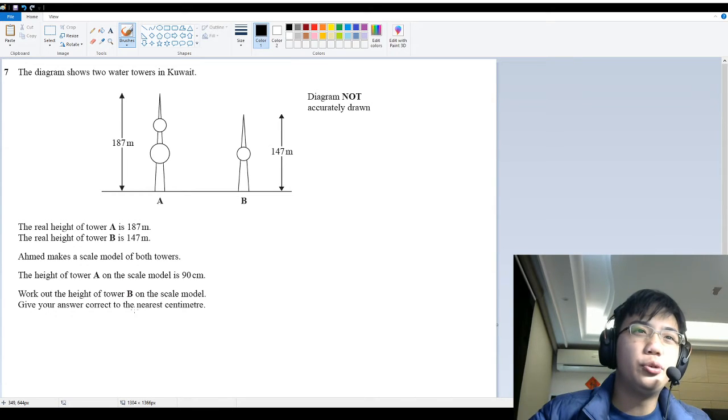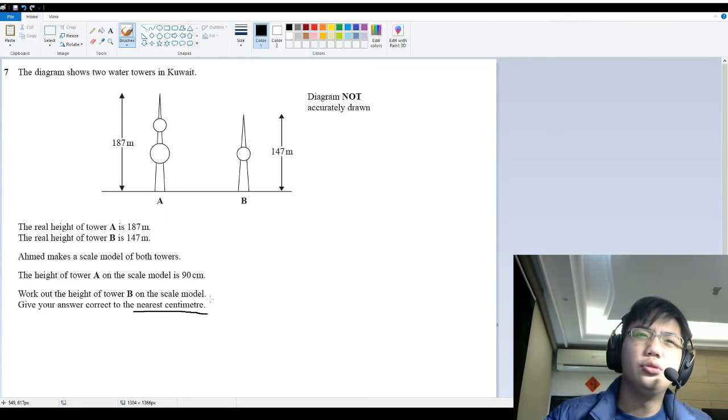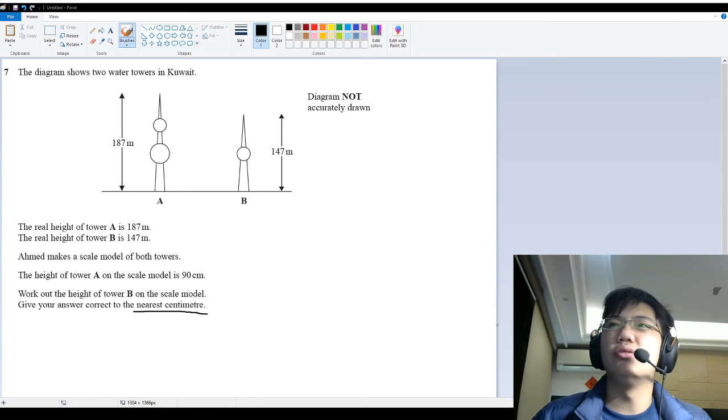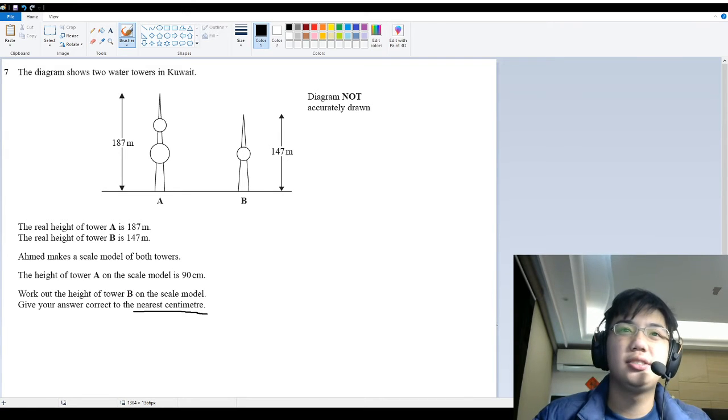One important thing to note is that we have to give the answer to the nearest centimeter, so we must round our answer correctly, otherwise a mark may be lost.